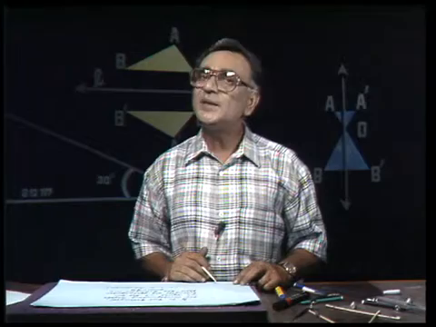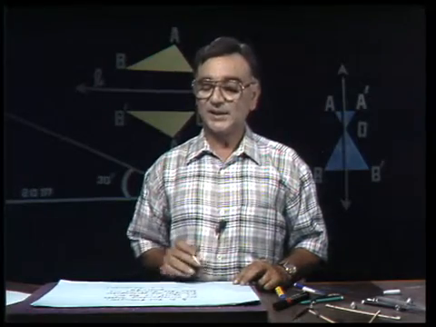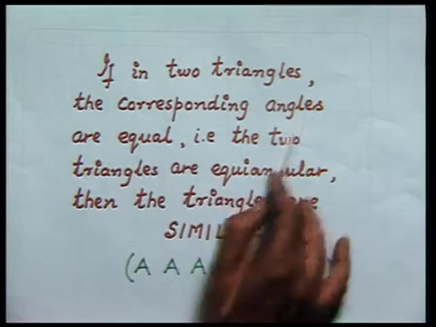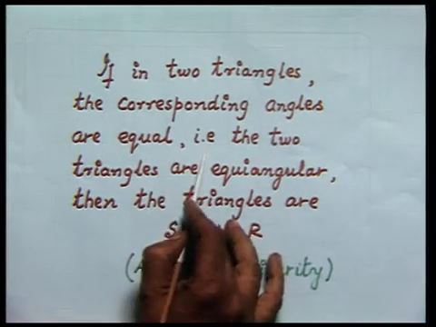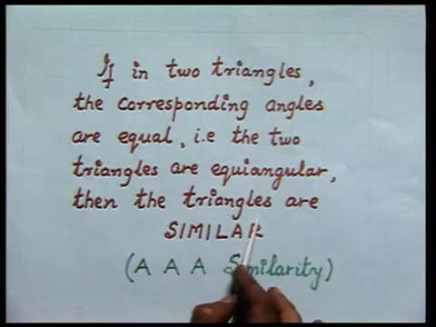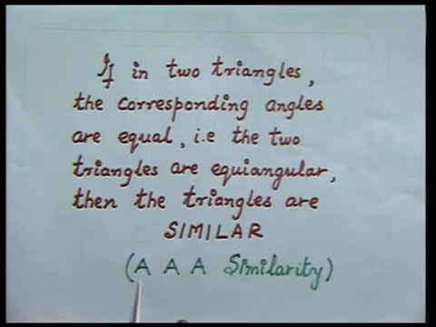And this similarity theorem is known as, if in 2 triangles the corresponding angles are equal, that is the 2 triangles are equiangular, then the triangles are similar. And this in short we call as AAA, that is angle, angle, angle similarity.